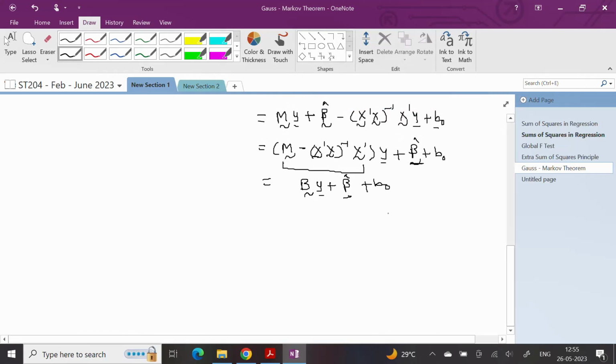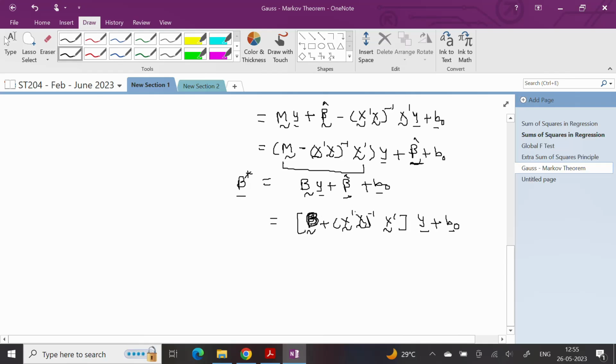So on LHS, we have the new estimate that is beta star. So I could write this as beta plus, because I know beta hat is x prime x whole inverse x prime y. We will keep like this, y plus b naught. Okay. So what we have done is this is b, this is not beta, this is b.